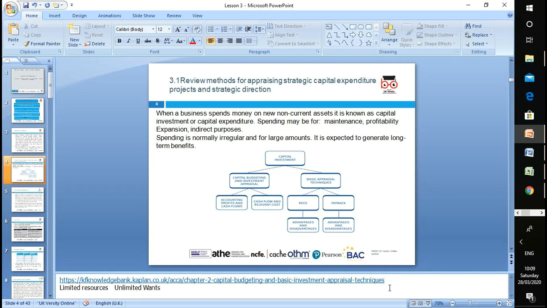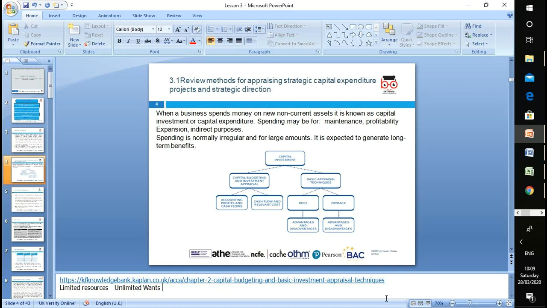But how can we use these limited resources to fulfill our maximum wants, our desires? We need to find various alternatives, various options, and pick the best option. In the business world, we have to pick the best option, the one which maximizes our return. So that's why we do appraisal.